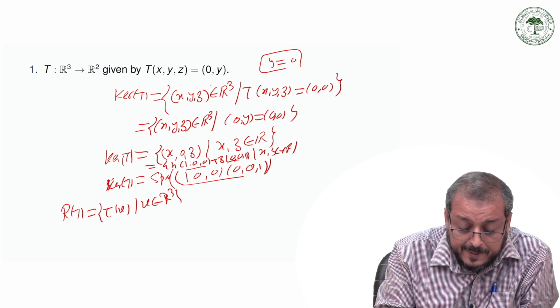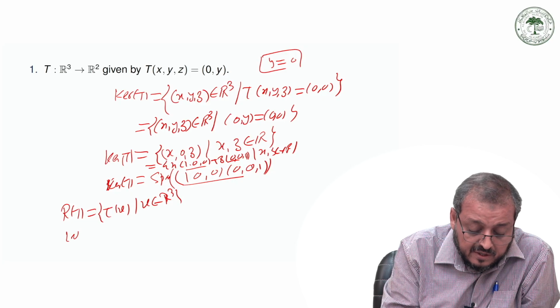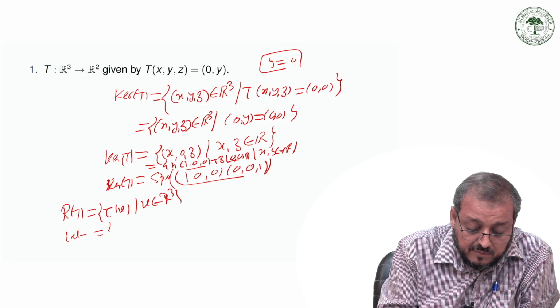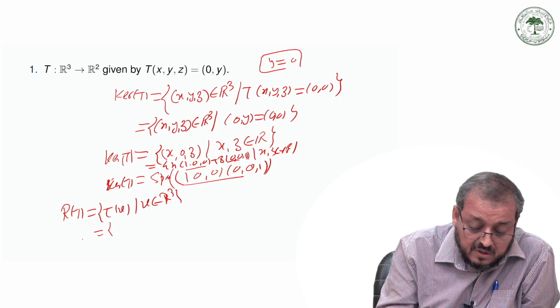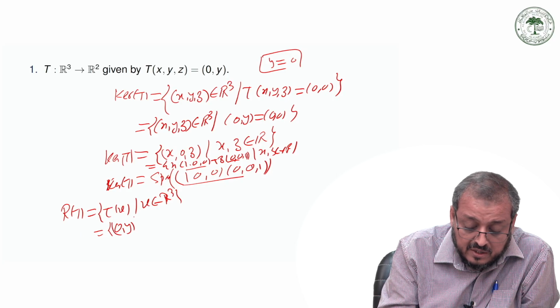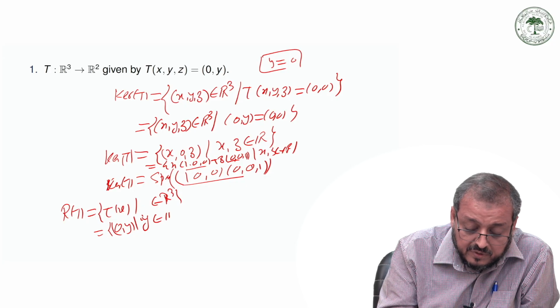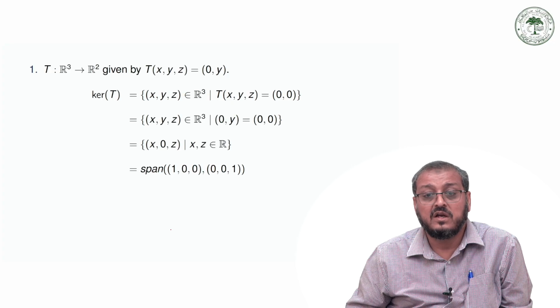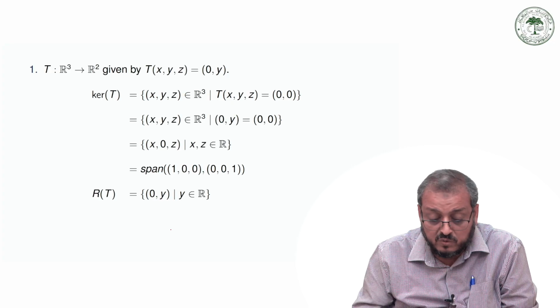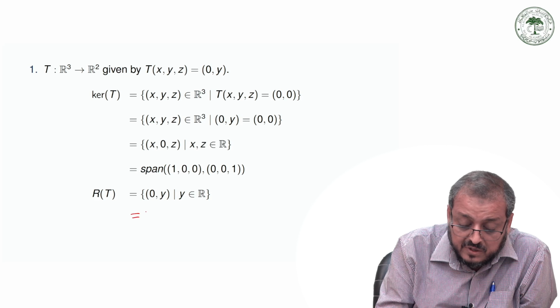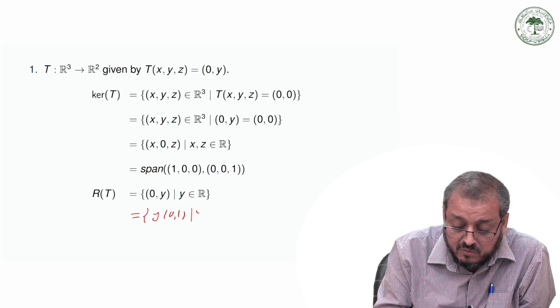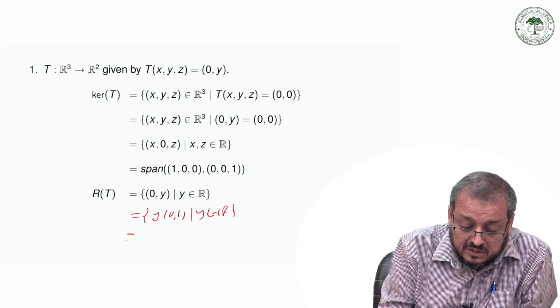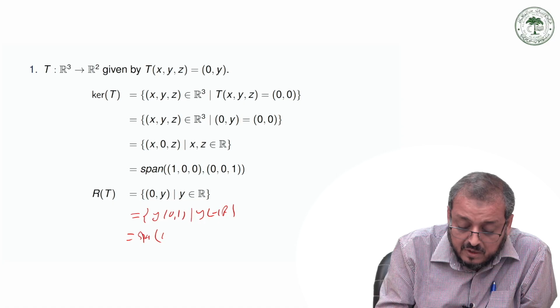We check all the elements, and the range of T is simply of the form (0, y) such that y is an element of R. So, the range of T can be written as y times (0, 1), such that y is an element of R, which is the span of (0, 1).